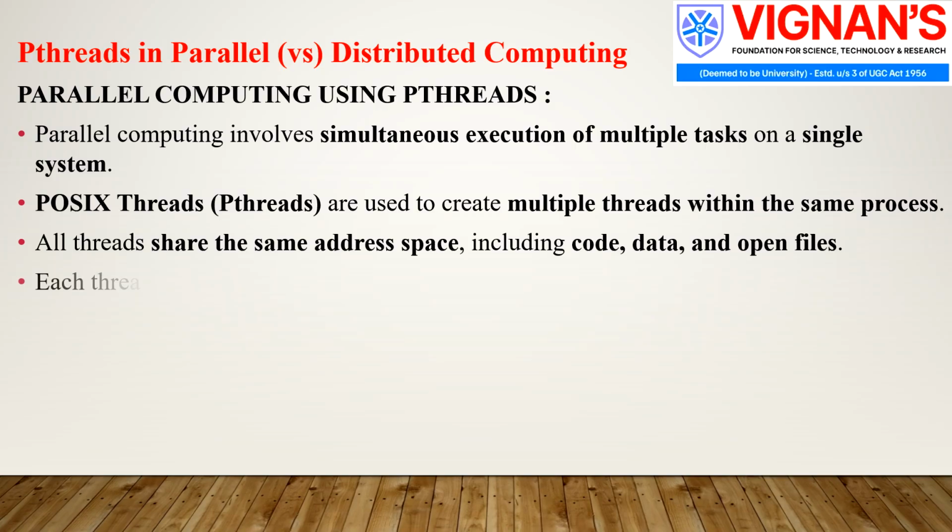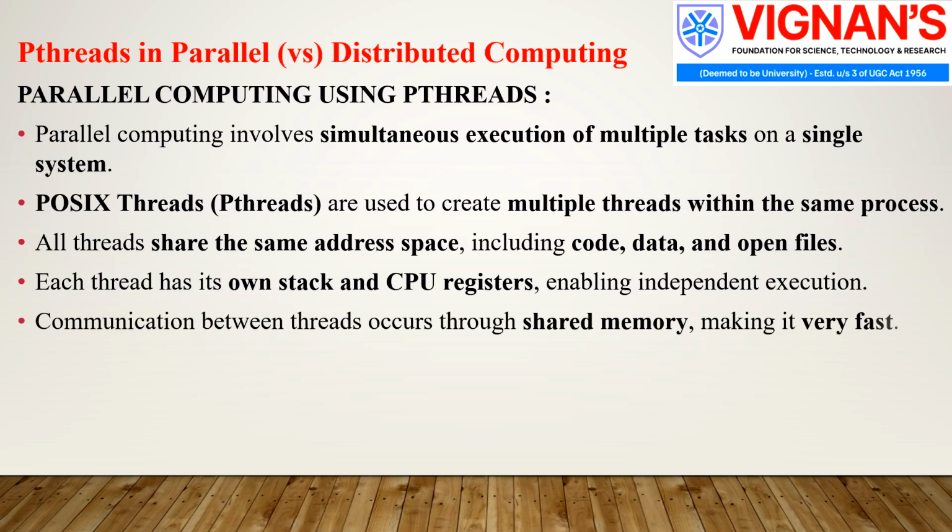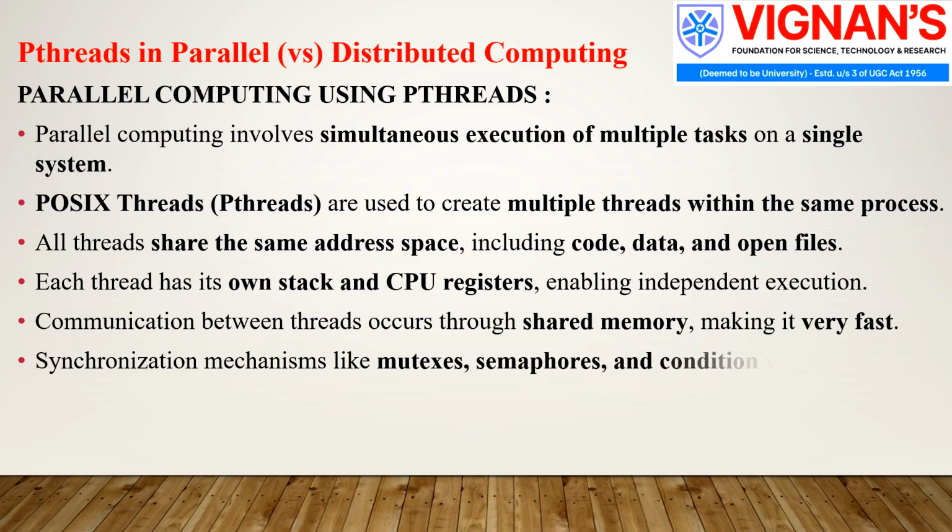However, each thread has its own stack and its own CPU registers, which allows independent execution. Communication between threads takes place through shared memory, making it very fast and efficient. To ensure correct and safe execution, Pthreads provide synchronization mechanisms such as mutexes, semaphores, and condition variables, which help avoid race conditions and maintain data consistency.